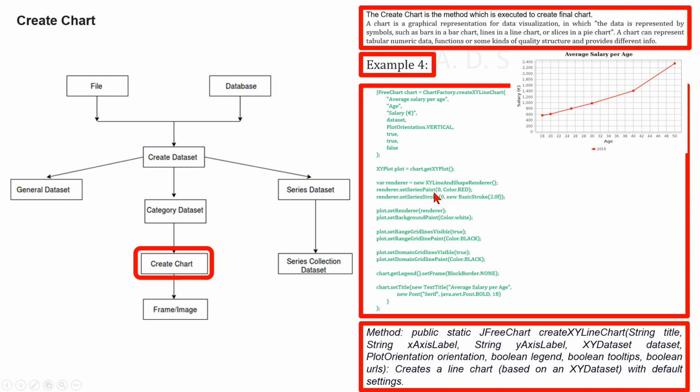This is the series index, 0 based, and this is the paint, null permitted. Here Color.red.